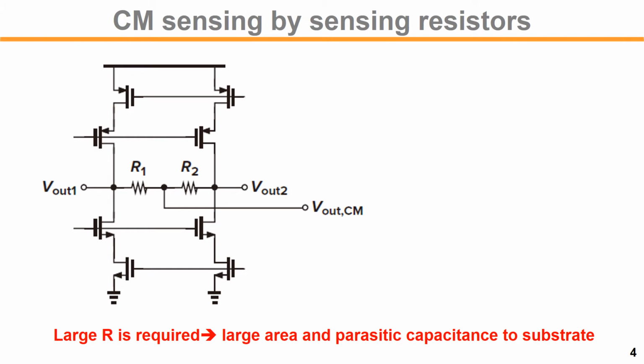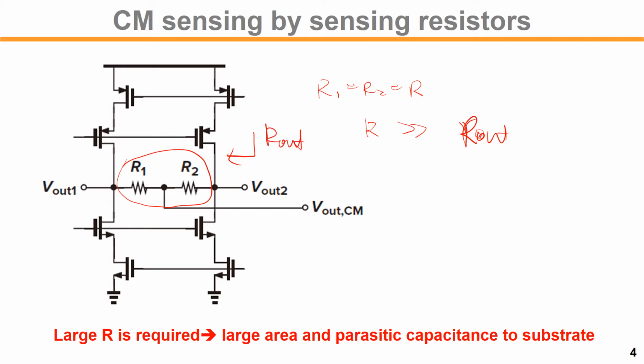The simplest common-mode sensing uses two resistors, R1 and R2, which are the same and made large. How large should they be? R must be large enough compared to the amplifier output impedance, let's say Rout.